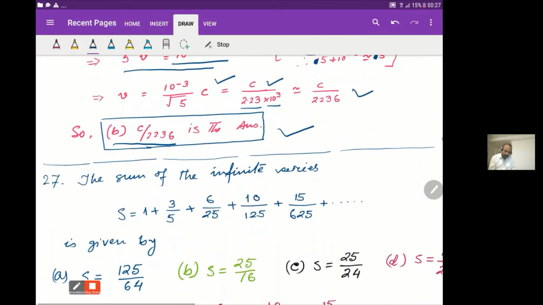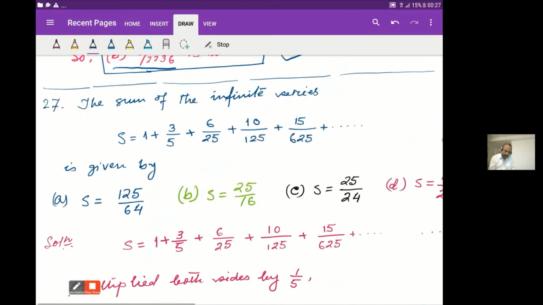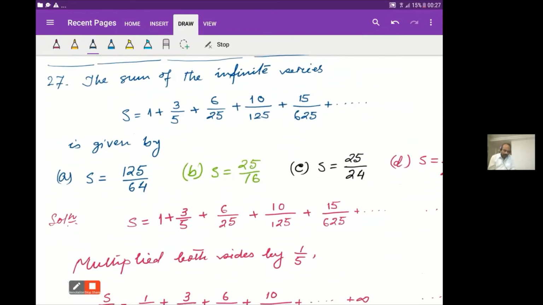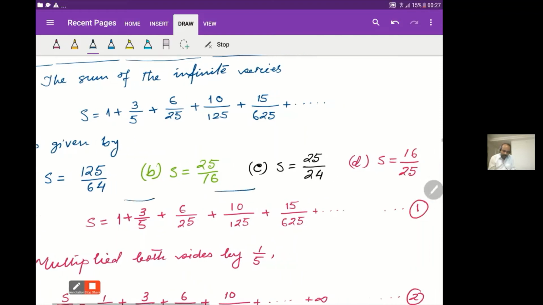Next, we can move to problem 27. The sum of the infinite series S equal to 1 plus 3 by 5 plus 6 by 25 plus 10 by 125 plus 15 by 625 plus dot dot dot is given by A is 125 by 64, B 25 by 16, C 25 by 24, and option D 16 by 25.